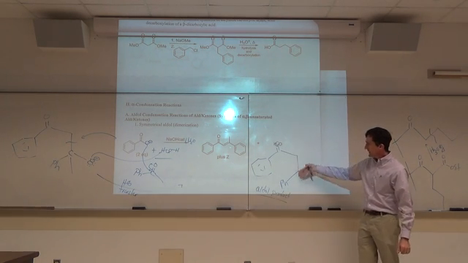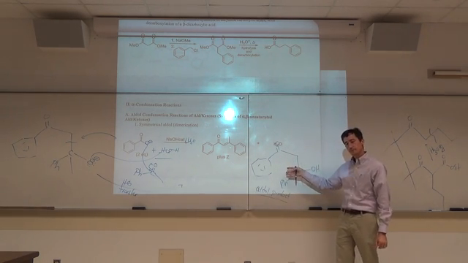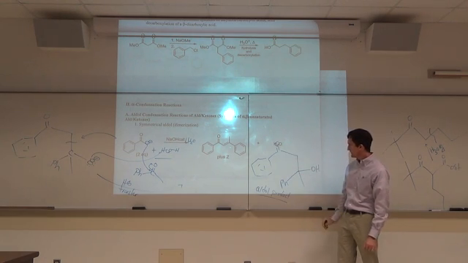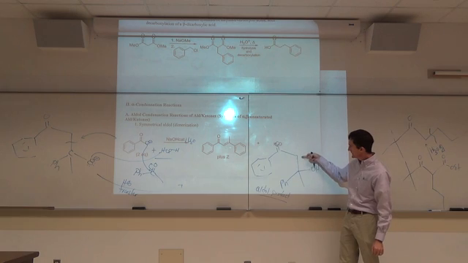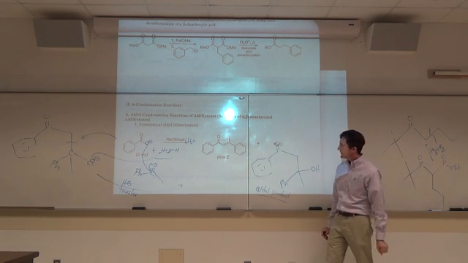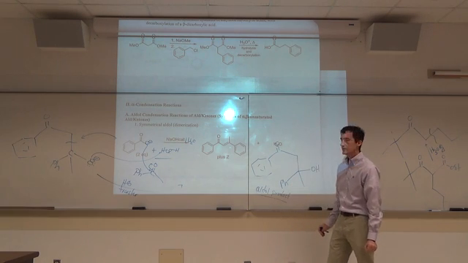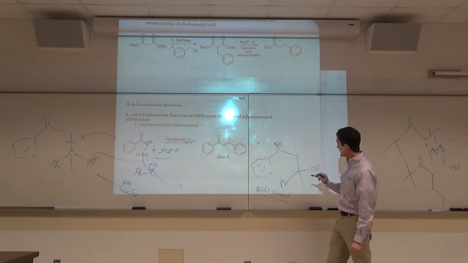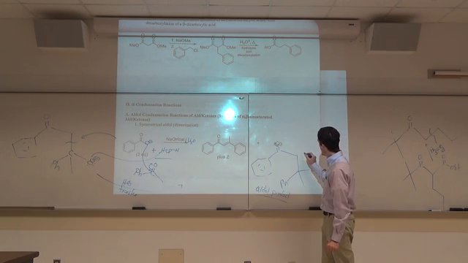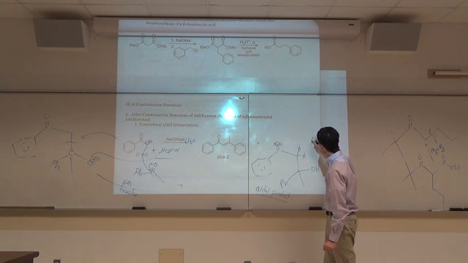Now, these things will readily lose water, and we can put the double bond in here. Let's do a mechanism. Are we under acid or basic conditions? Basic. So we're going to make an anion. I'll do it stepwise. We have that base catalyst.